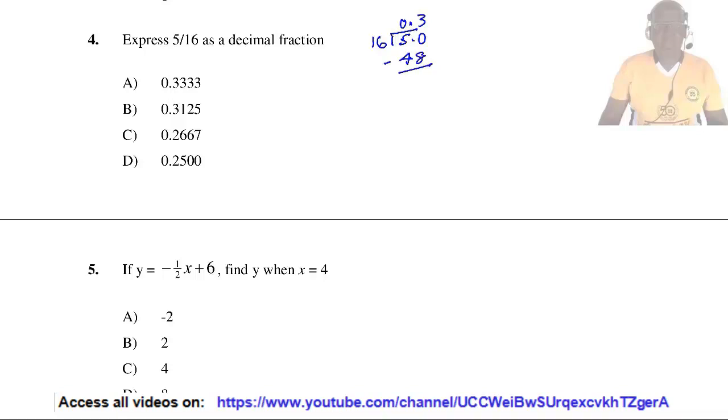From 50 we shall get 2. 0, 1. 1 times 16. Then the difference is 4. 0, 2. 2 times 16, 32. The difference is 8. 0. And then 5. That is 80. So the answer is B.